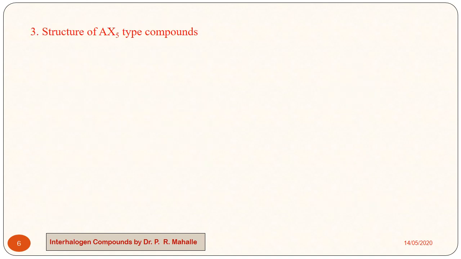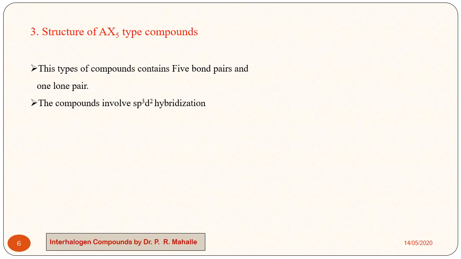We will now see the structure of AX5 type of compounds. These types of compounds contain 5 bond pairs and 1 lone pair, and therefore the compounds involve sp3d2 hybridization.